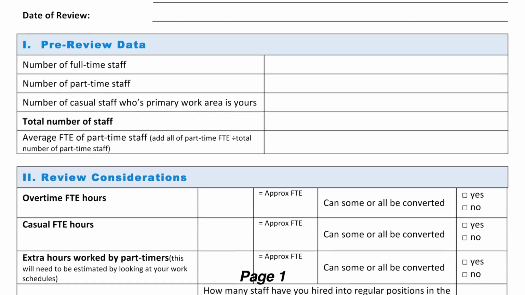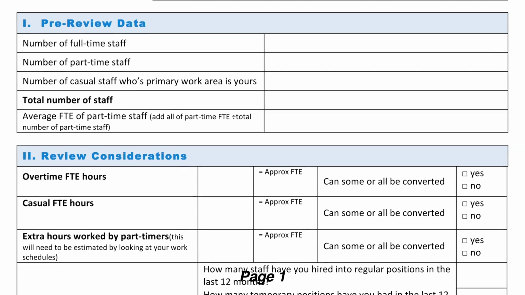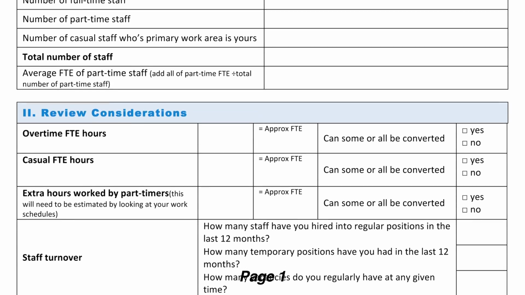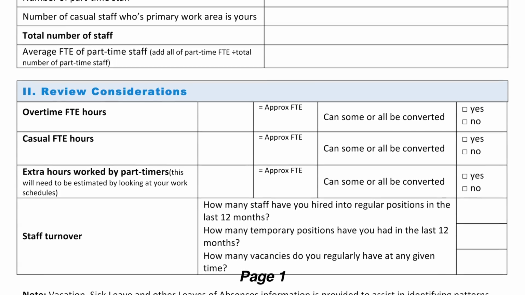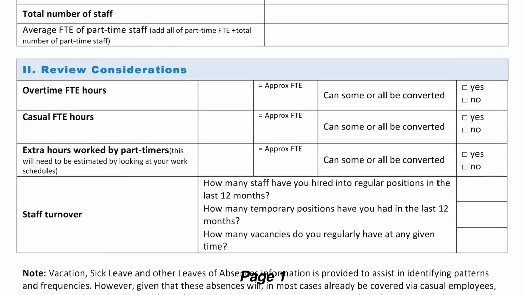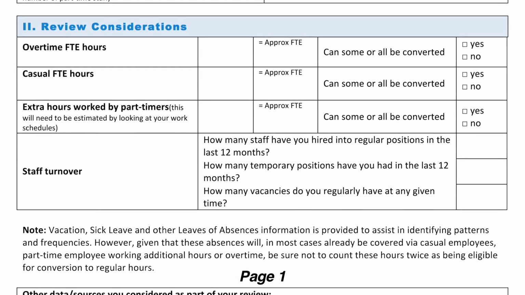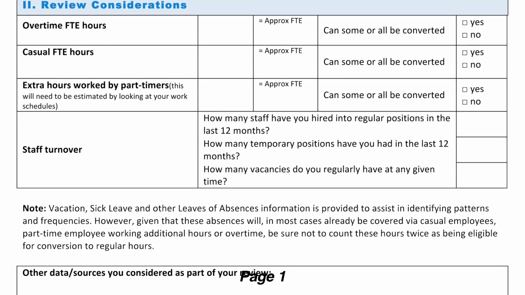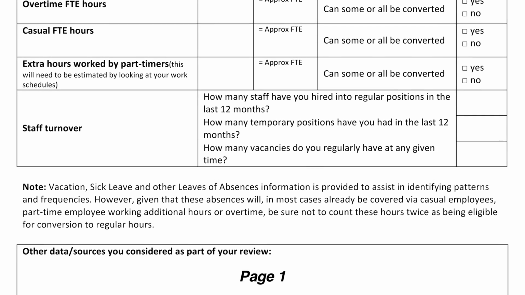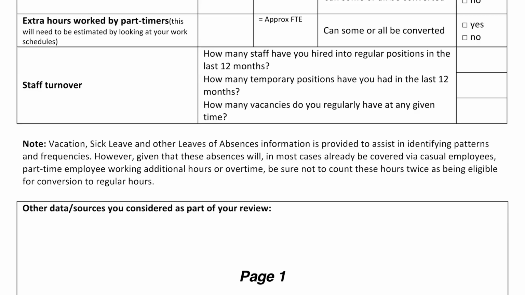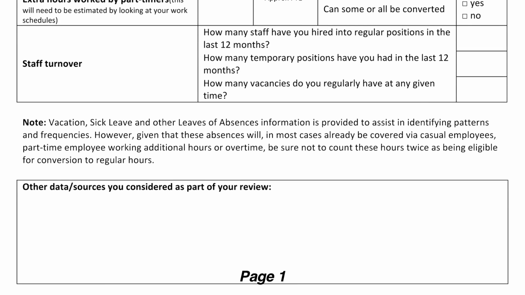What are their overtime hours, what are the number of casual hours that are used in that work area, and what are the hours that the part-timers are picking up above their regular FTE. It also looks at the staff turnover, items such as the number of maternity leaves that they've had, their vacancy rates, so that they can get a sense for how often positions sit vacant and need to be covered off through some other staffing mechanism.